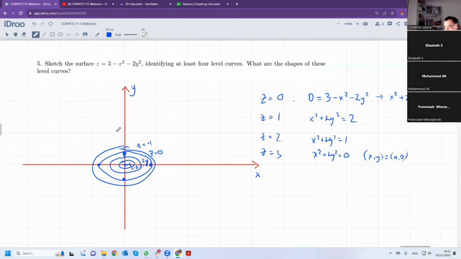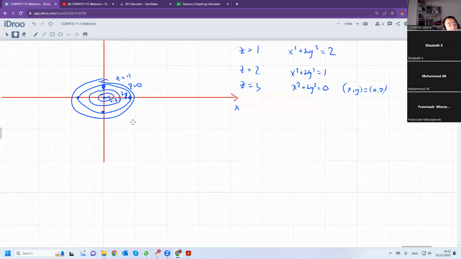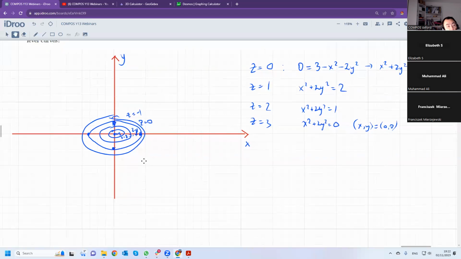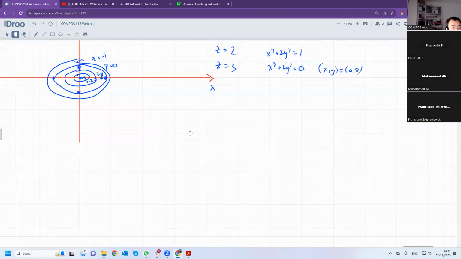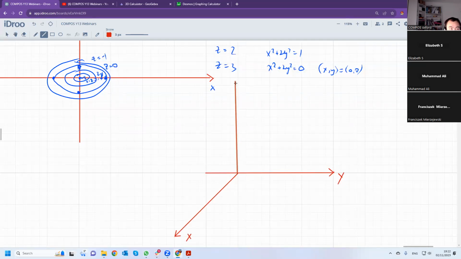Not yet, you do that in the assignment. But I've just shown what happens when it looks like this. And now you do the z-axis as well. We tend to draw the y-axis going to the right, the x-axis comes towards us, and the z-axis goes up. This is the standard way of drawing.